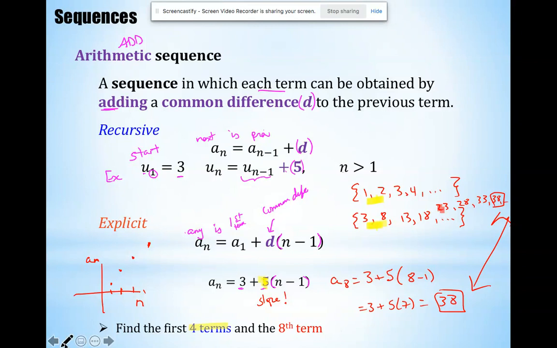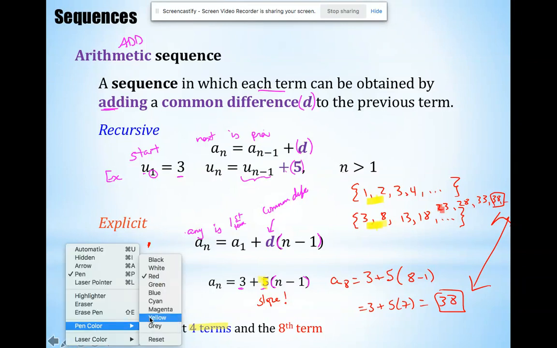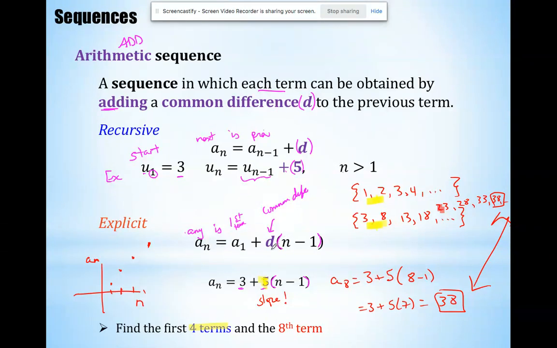Can you imagine the pattern if your d was negative? What would happen? Right, what would happen if your common difference was negative? In other words, as n increased, your range values went down. Let's say your u sub 1 was still 3, but you subtracted 5 each time, right? Go to negative 2.